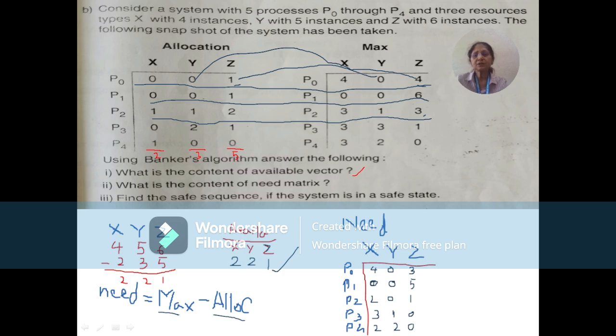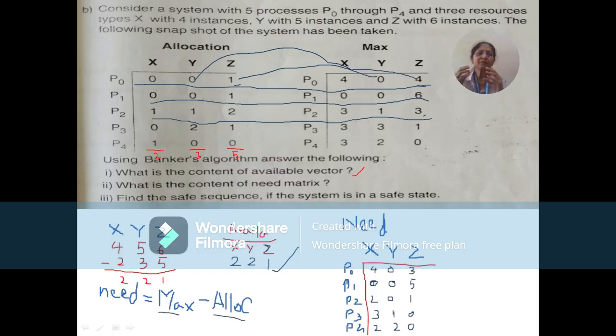The third question is we have to find the safe state sequence if the system is in a safe state. Now what do you mean by safe state? Safe state means allocating the resources to the processes so that none of the processes wait for other processes to release the resources, and one by one the processes will get executed till the last process.